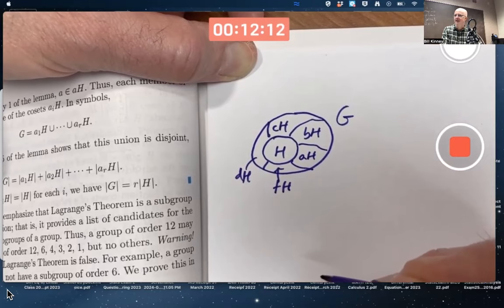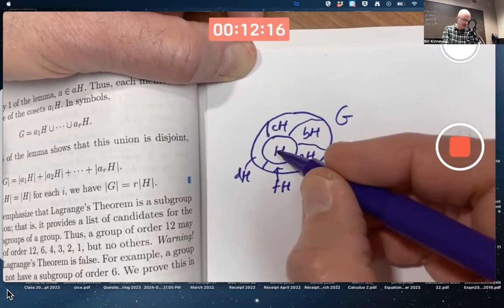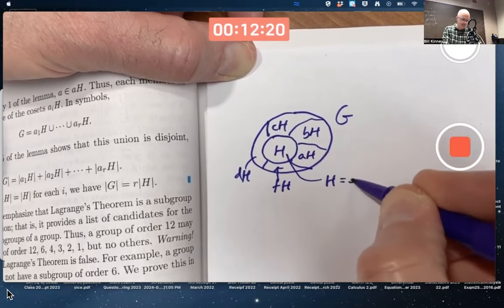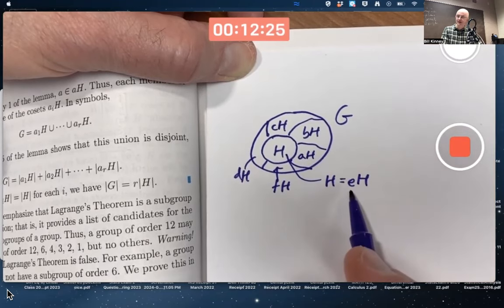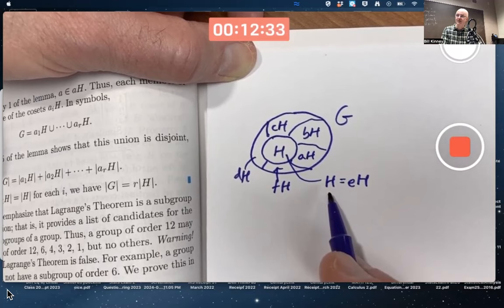Right, because E stands for the identity. Actually, H does equal EH, where E is the identity, because H is a subgroup. The left coset of H in G containing E does in fact contain E, and it does equal H itself.